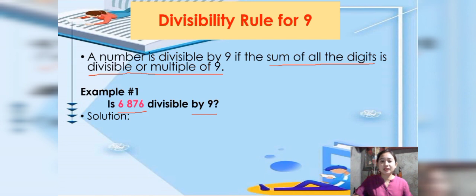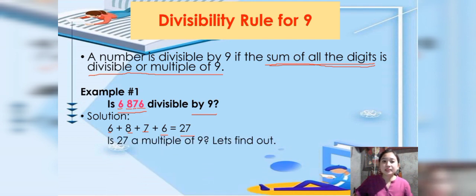Here's the solution. We add together the sum of all digits. So what we are going to do is add together these 4 digits: 6 plus 8 plus 7 plus 6. The sum is 27.